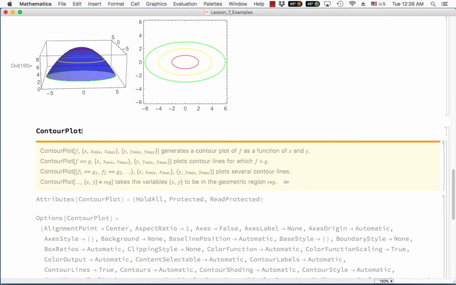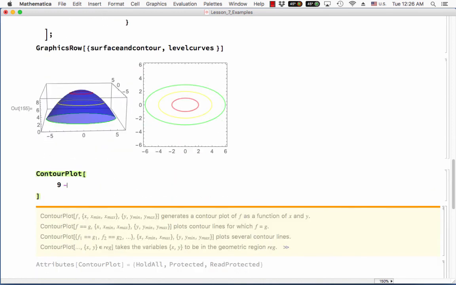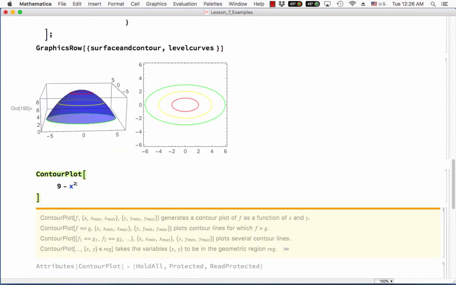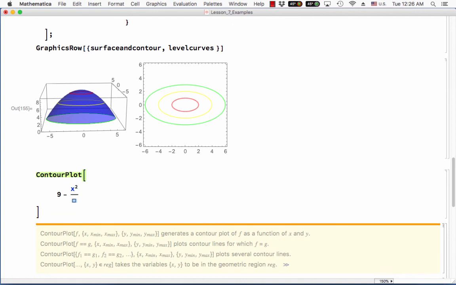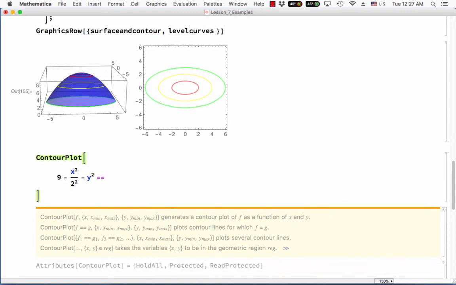Let's take ContourPlot, and we'll do it for our particular function that we were looking at. What was this? Well, why don't we just do it? So I won't be lazy. So here is x squared divided by 2 squared, and then y squared, I think this was just divided by 1, and then we said minus... What did I do wrong here?